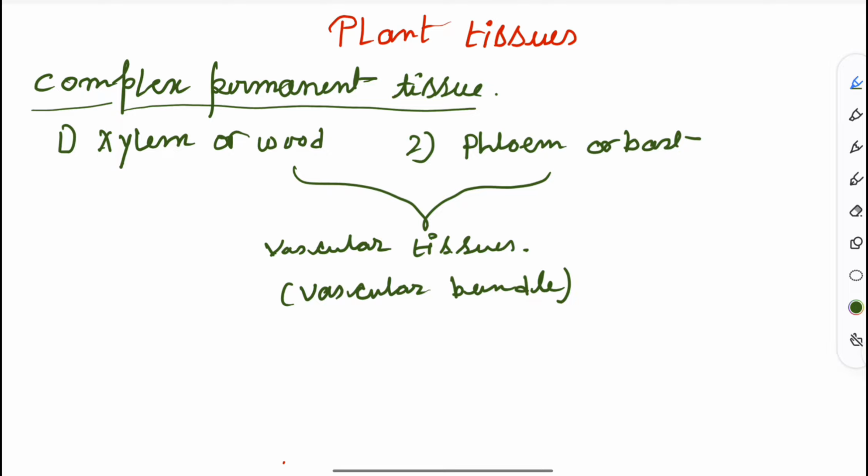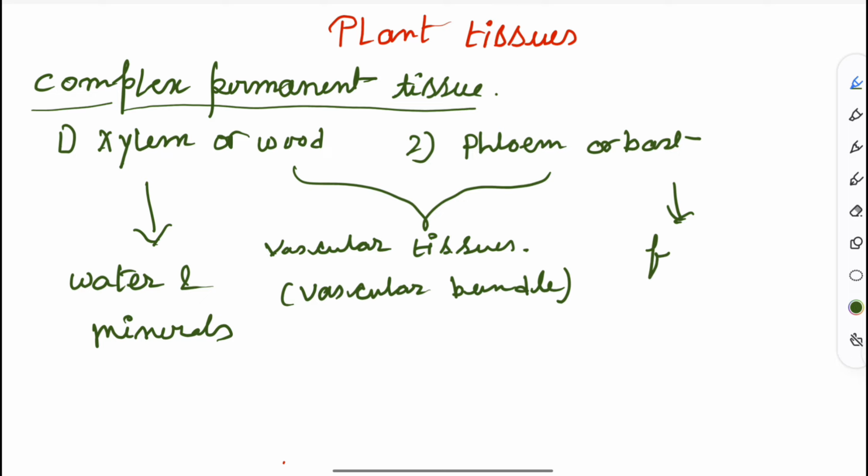So xylem conducts water and minerals. And phloem carries food. If xylem carries water and minerals, then obviously we know that plants get their water and minerals from the roots.